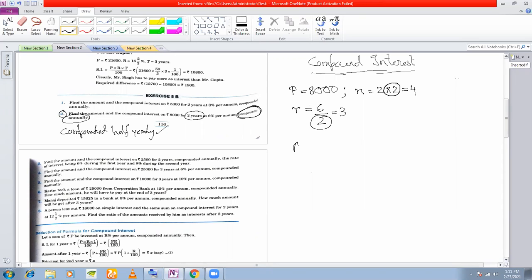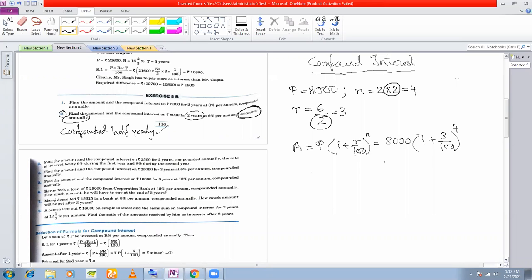So when we put it in the compound interest formula, we are going to put R is equal to 3 and N is equal to 4. And now we are going to calculate the amount. Is that absolutely clear? Yes, sir.